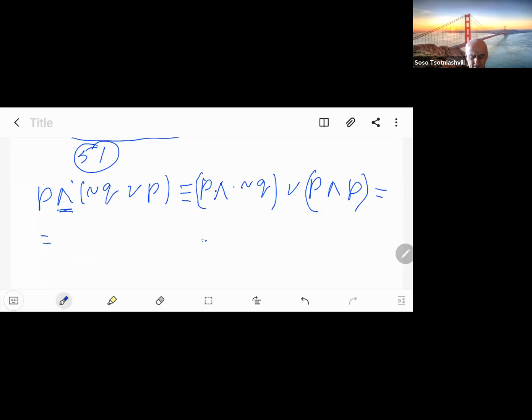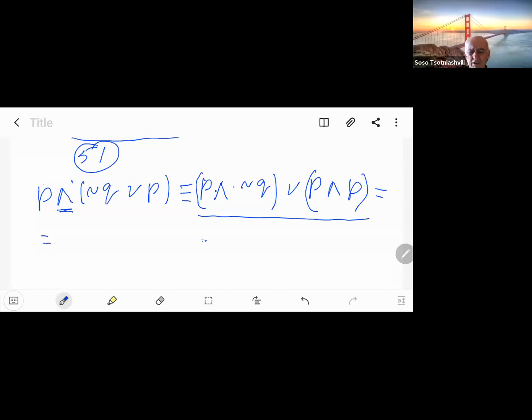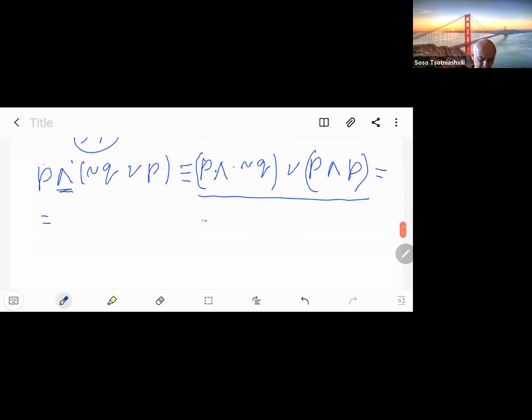Now I have a question. What happens if I write this expression without parentheses? Does it change something? Yes. It will not change anything because we know the precedence of logical operators.